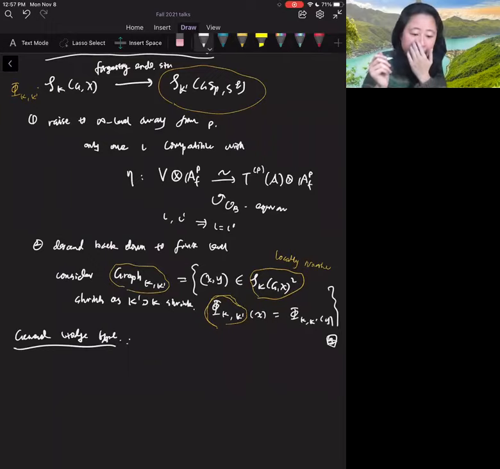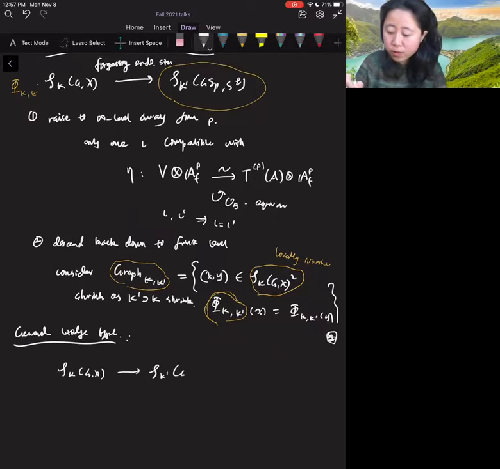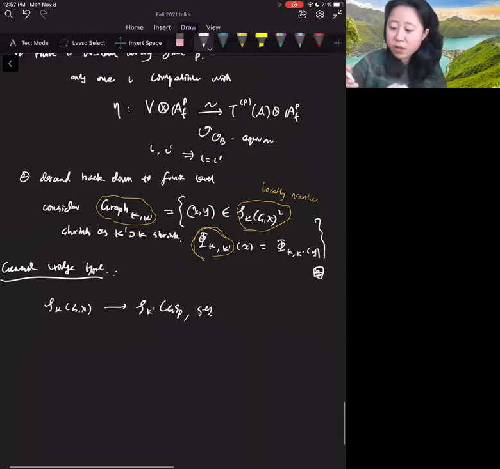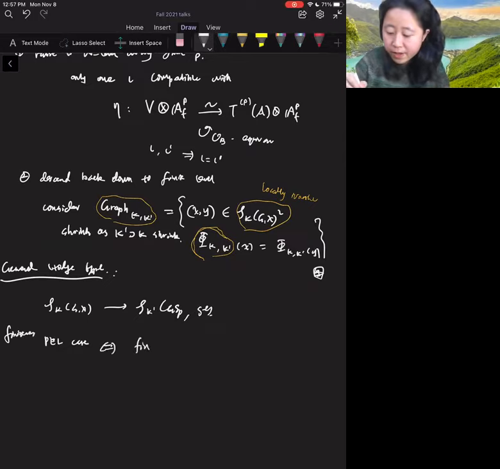So for general Hodge type, like I mentioned earlier, you know that this Hodge morphism is known to be a finite morphism. And also, I just want to mention that to see that this is a finite morphism in the PEL case, finiteness is equivalent to finiteness of H1 FPPF.